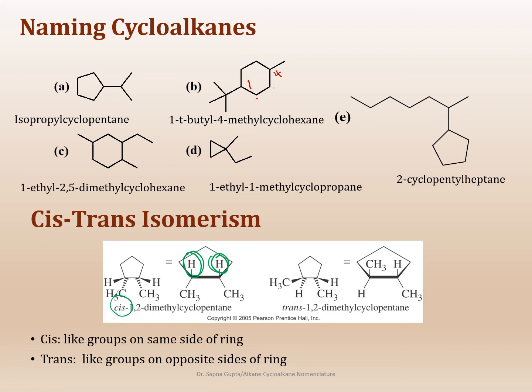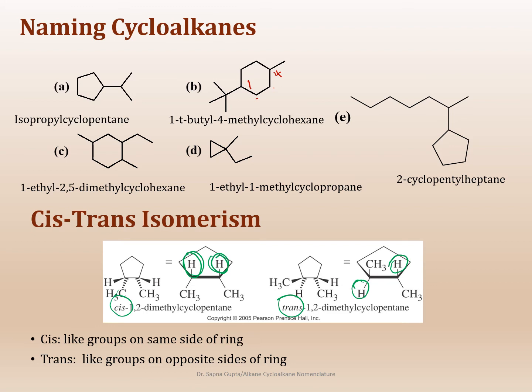If the hydrogens are on the opposite side, this is called trans. Remember, the cis and trans have to do with where the hydrogens are. So if there are no two hydrogens, you cannot use cis and trans. Okay, you can use it loosely, but not really accurately. So cis and trans have to do with when you have two hydrogens on the same side or on the opposite side.